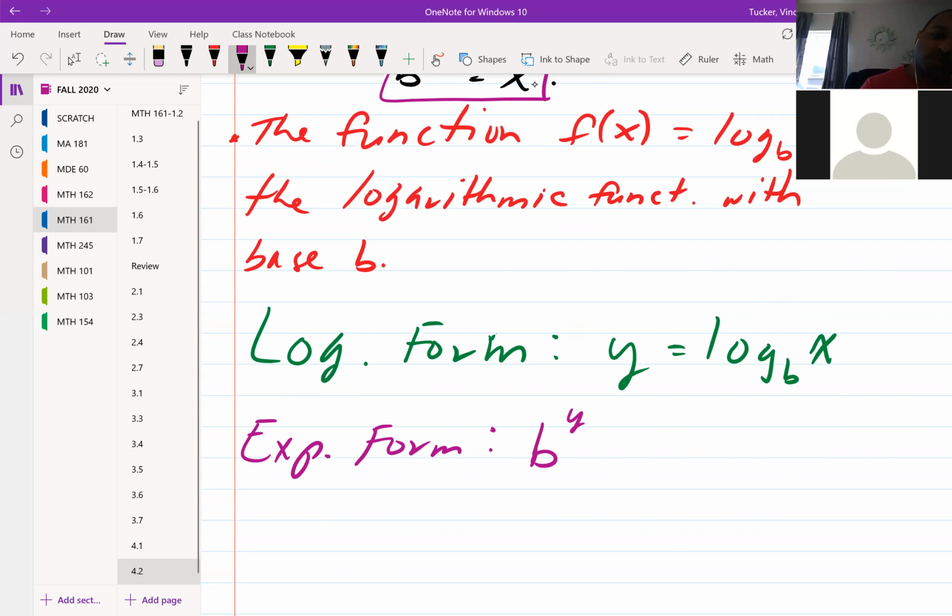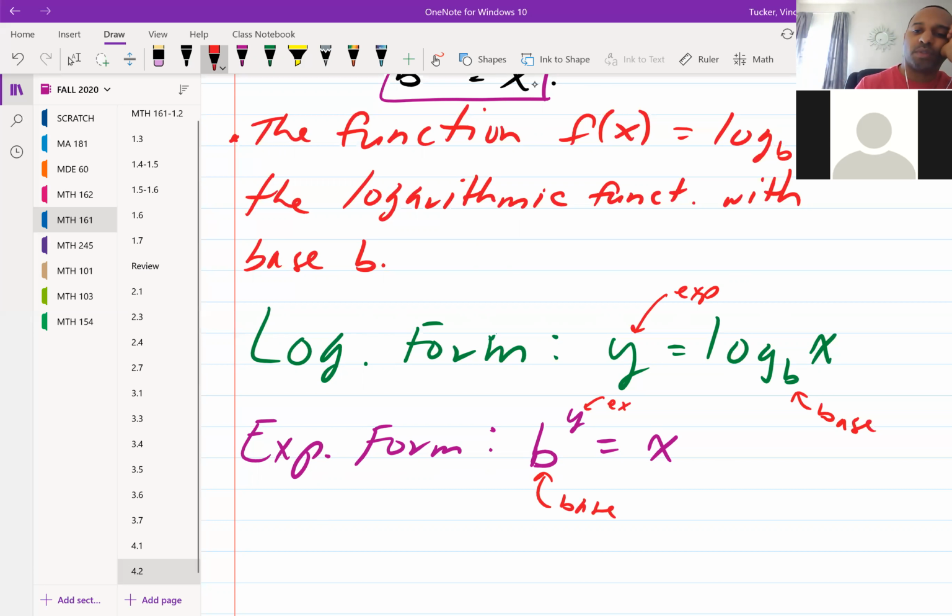All right, so y equal to log base b of x. This is your base, and this is your exponent. In your exponential form, this is still your base, and this is still your exponent. So those relationships hold true. And b is always going to be your base no matter what relationship you're using. B is always your base.